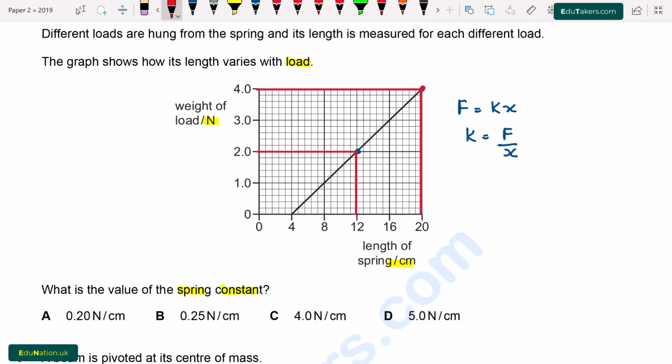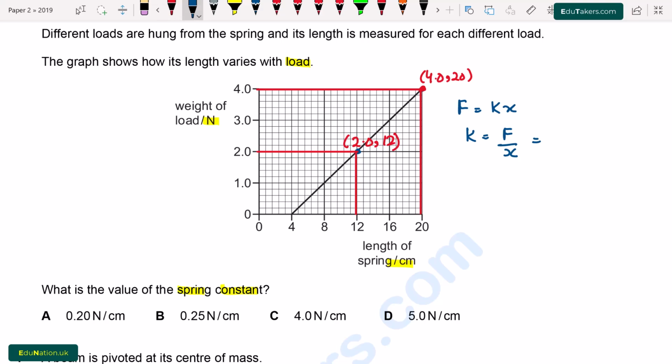We can see here at this point length is 20 centimeter and weight is 4.0. So I make point 4.0 and 20. At the other point length is 12 centimeter and weight is 2.0. So 2.0 and 12. Now I am going to find out the slope.